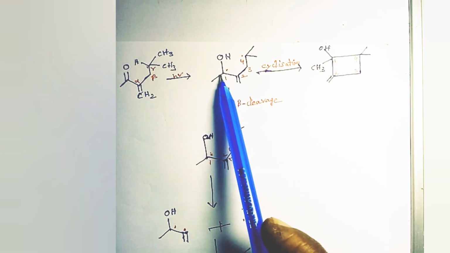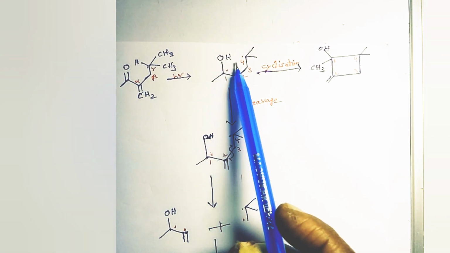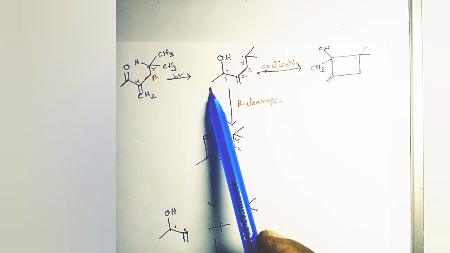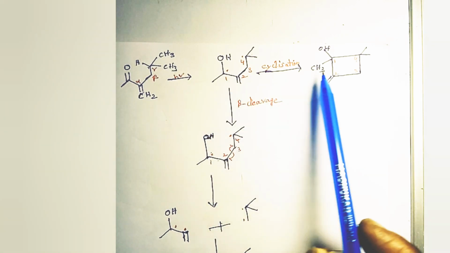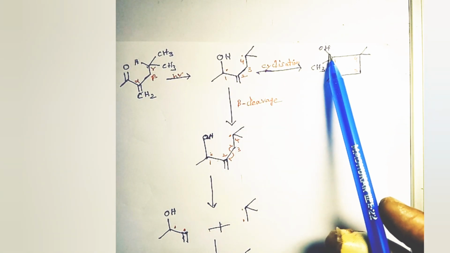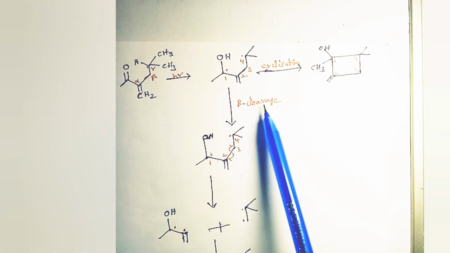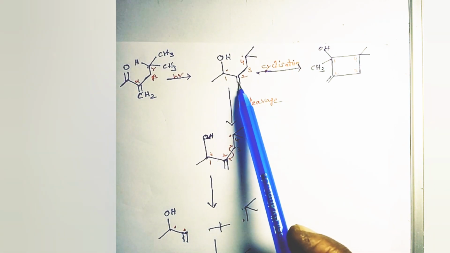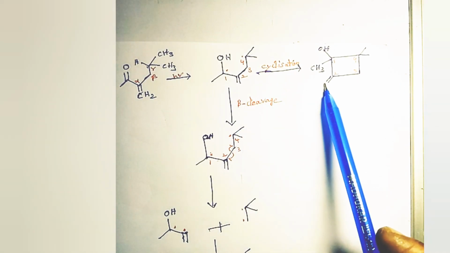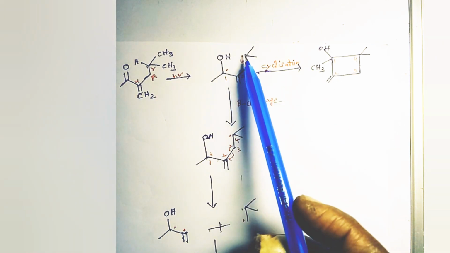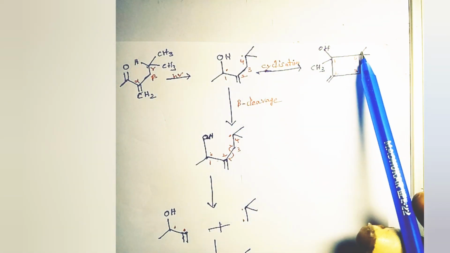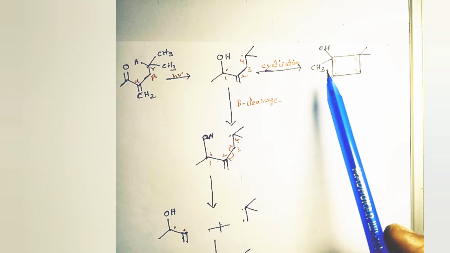See here, there is OH and a CH3 group on the first carbon. On the second carbon there is a double bond CH2. On the fourth carbon there are two methyl groups.